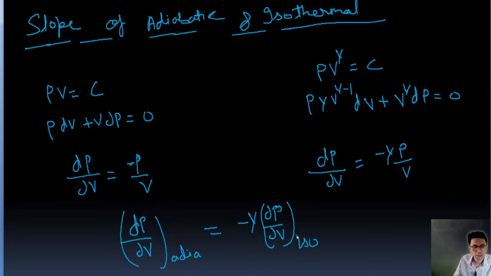Since we know gamma, the ratio of Cp upon Cv, is greater than 1, we can see the slope of adiabatic is gamma times the slope of isothermal.